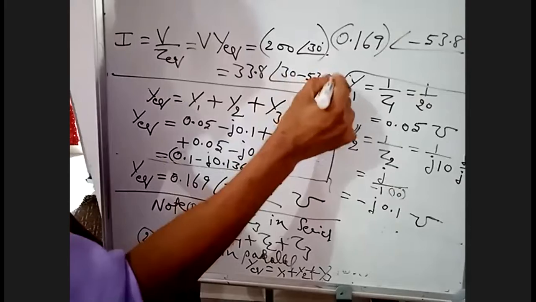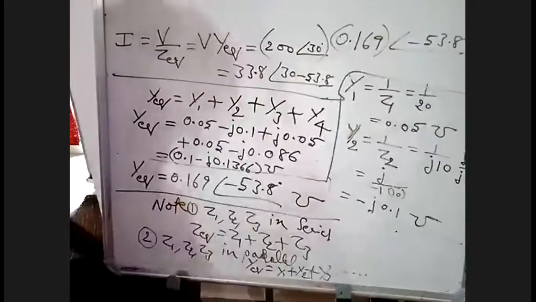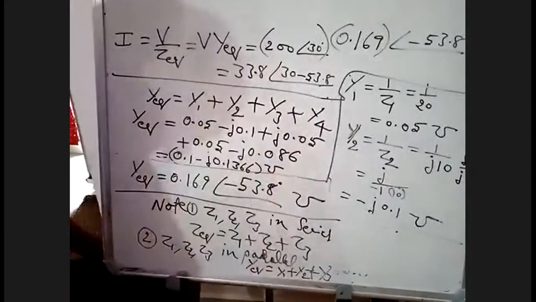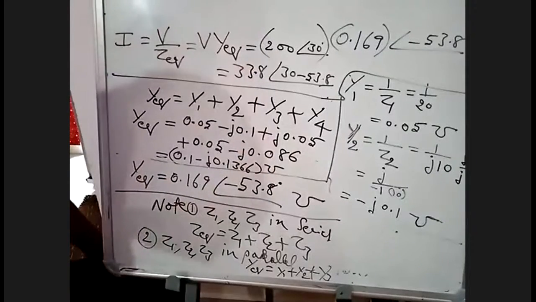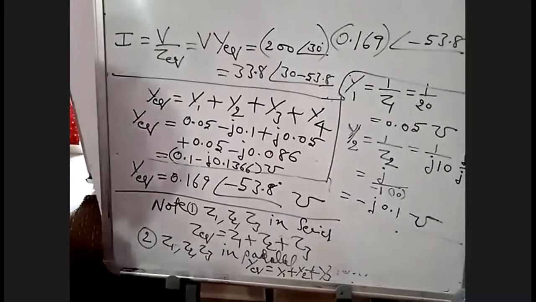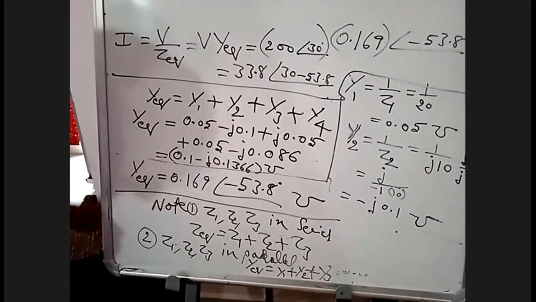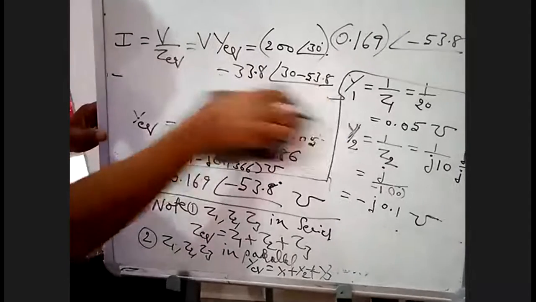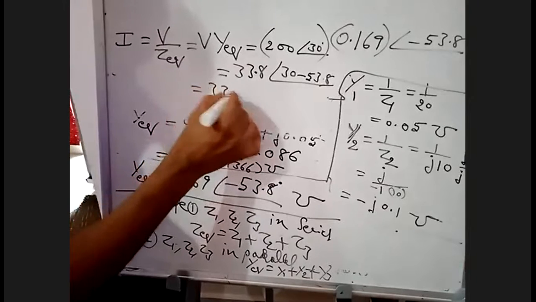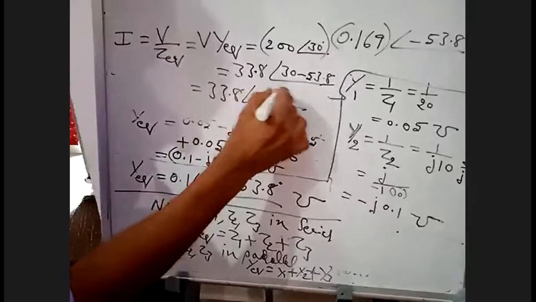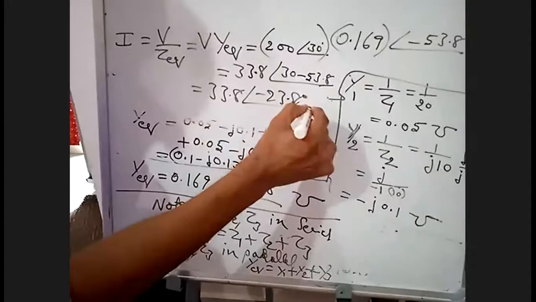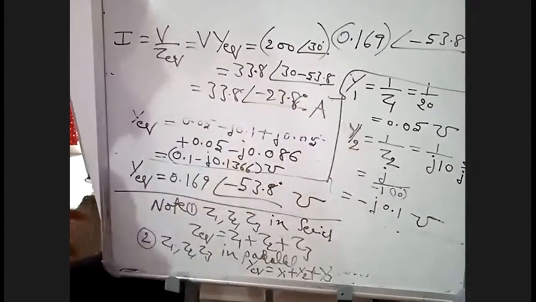In multiplication, we'll add the angles: 30 plus minus 53.8. This is the current.